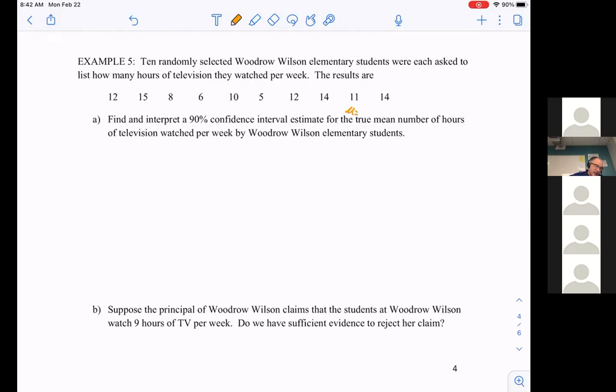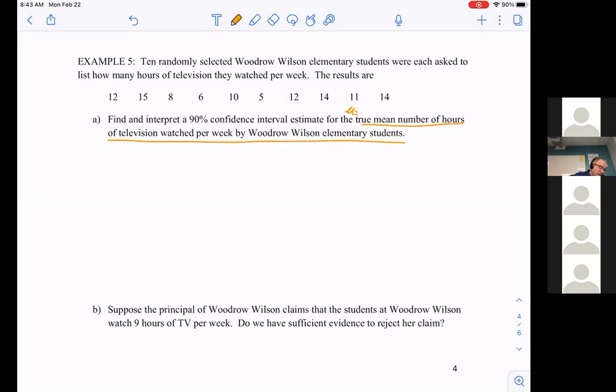It feels like I'm cheating when I do that, but it spares you and me writing it all out. Here we go. So again, this is an interval, so it's PANIC. We've identified my parameter of interest.